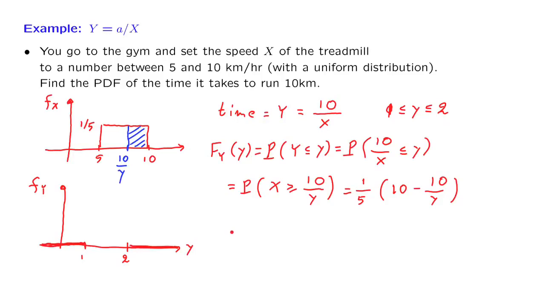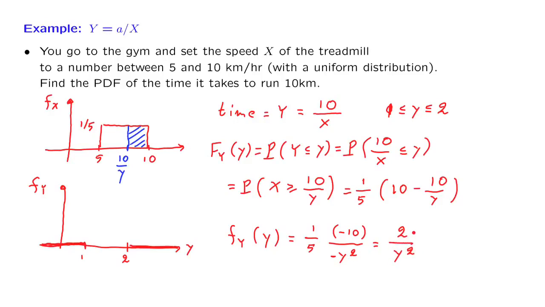To find the PDF of y, we just take the derivative. And we get 1/5 times the derivative of this term, which is minus 10 divided by y squared. But when we take the derivative of 1 over y, that gives us another minus sign. The two minus signs cancel, and we obtain 2 over y squared.